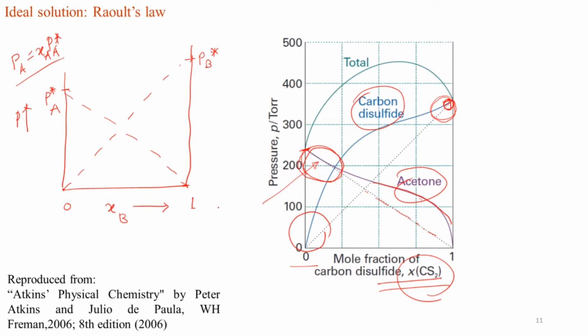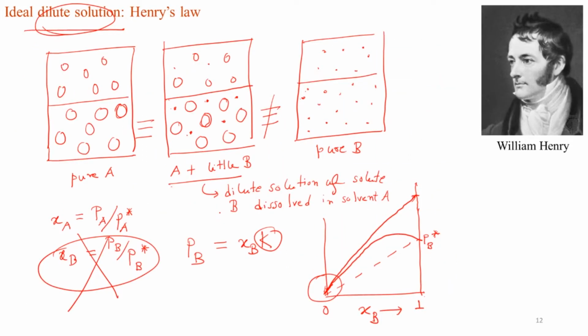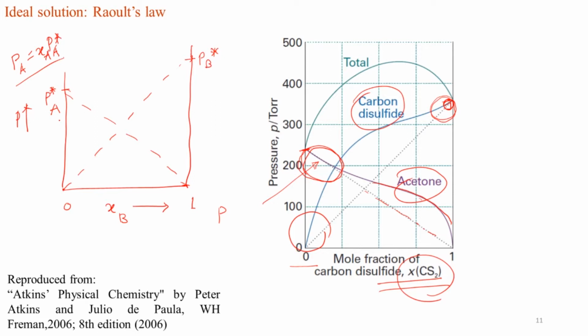However, PA being proportional to PA star is still correct, because of this picture we can still approximate that in the solution the vapor pressure of A will be proportional, through the mole fraction, to the vapor pressure in the pure liquid form. So for acetone, it matches very correctly.